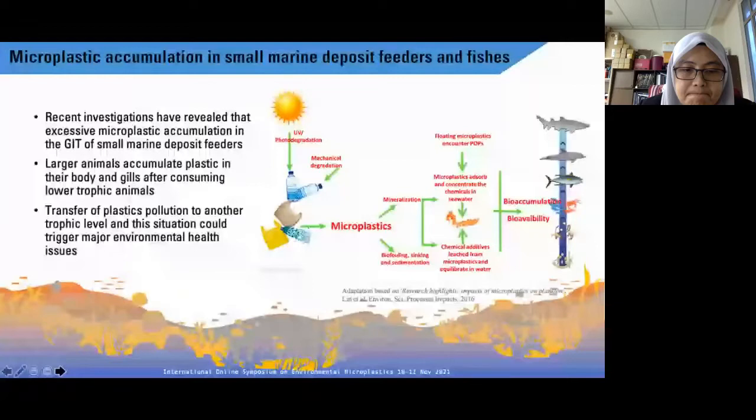This will lead to the transfer of these contaminants into food products and our food chains, and would trigger health risk issues later on. And there are a lot of challenges in the identification, determination, and characterization of these contaminants, especially in small-sized samples of these types of biota, which has been highlighted by many publications and researchers recently.